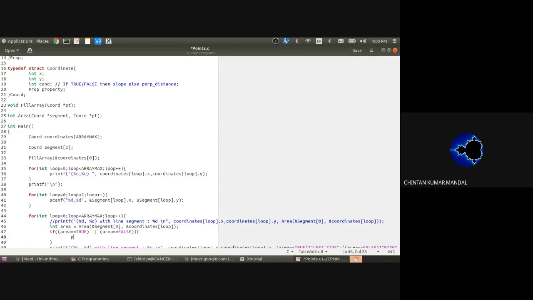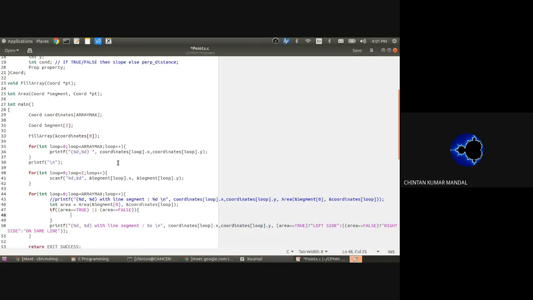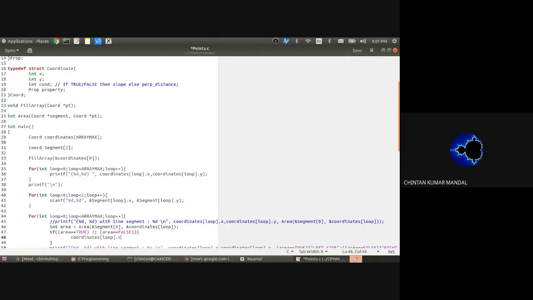So property, this one will be coordinates loop dot cond is equal to area, right?